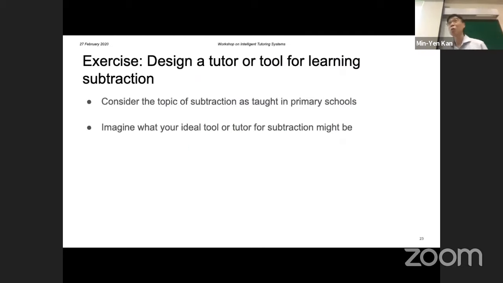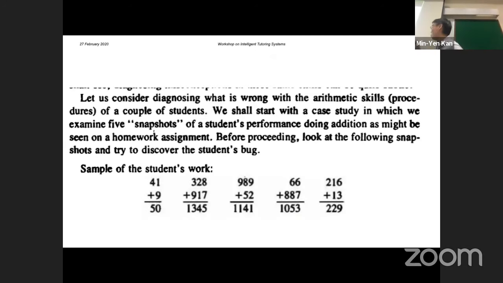Okay, so I don't know if I thought about it, but there's actually one approach to teach subtraction. You look at these problems. What problem is the student having? So 5 subtraction problems. What problem is the student having?